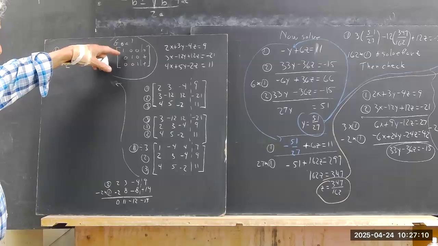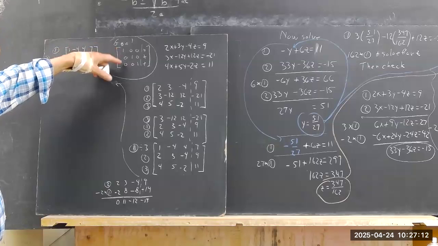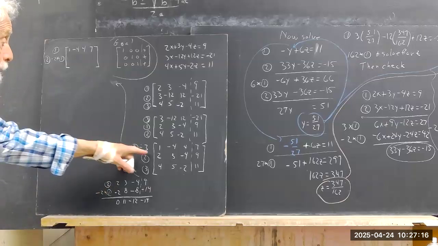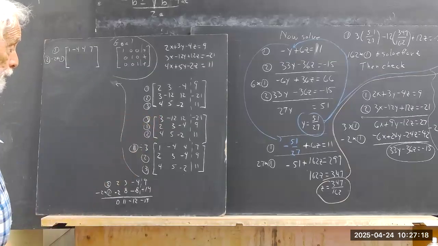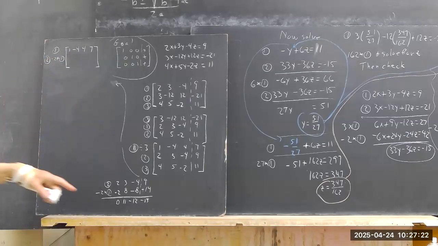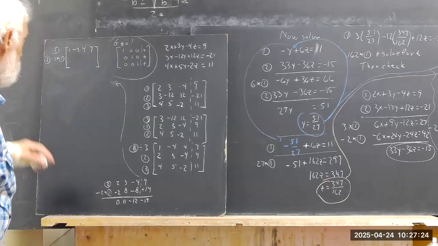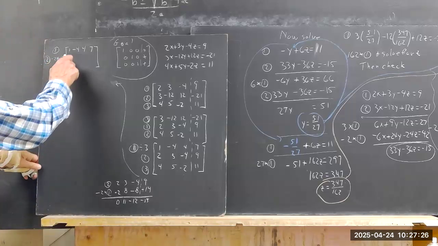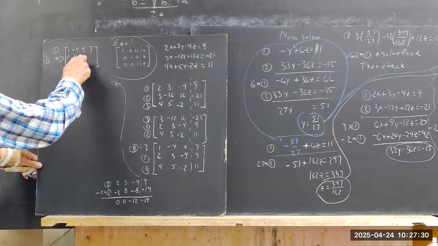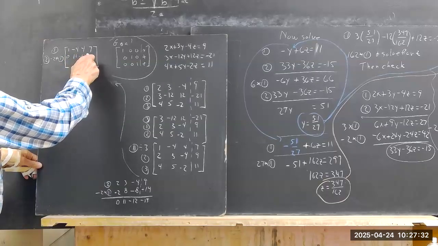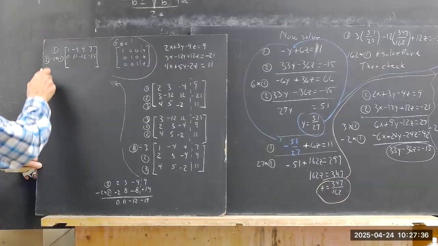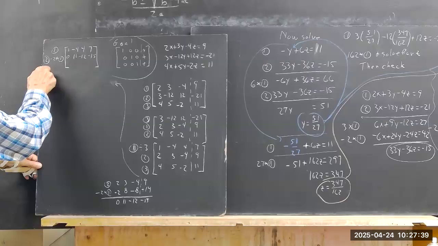Because remember, my goal is to get zeros down below this 1. So I got the 1 by dividing the first row by 3. And now I'm going to get a 0 here because the operation row 2 minus 2 times row 1 gives me 0, 11, -12, -15.